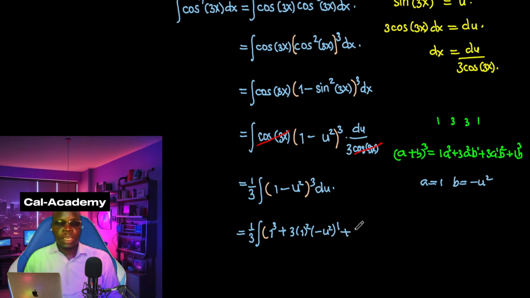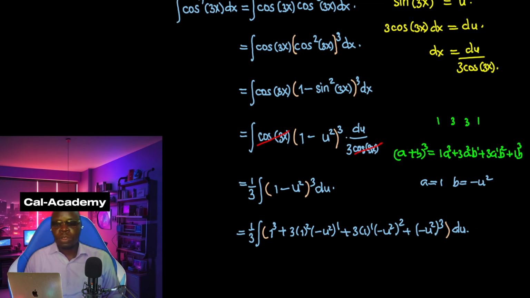Now the next coefficient is also 3, so 1 has reduced to power of 1, and our b, that is negative u square, will increase the power from 1 to 2, and finally the 1 we can just ignore and write only b, that is negative u square to the power of 3. Now this is with respect to du.